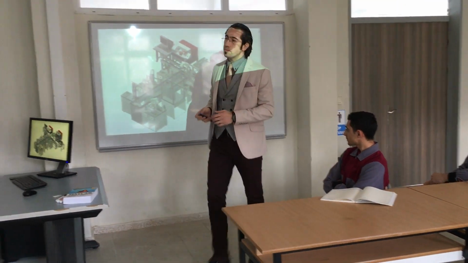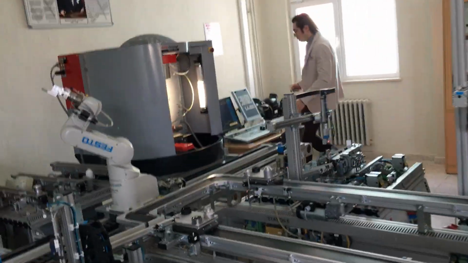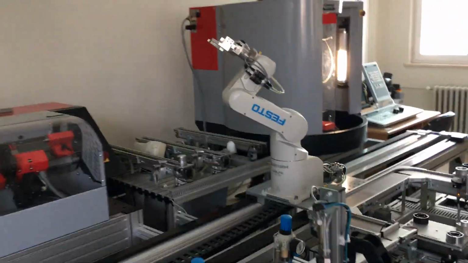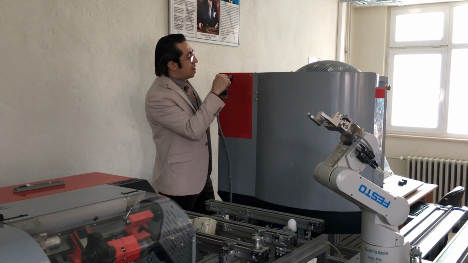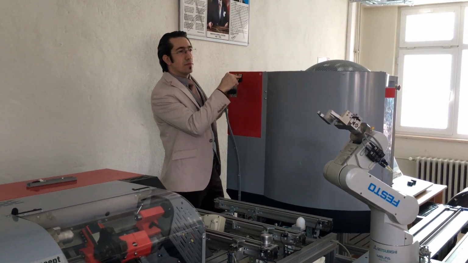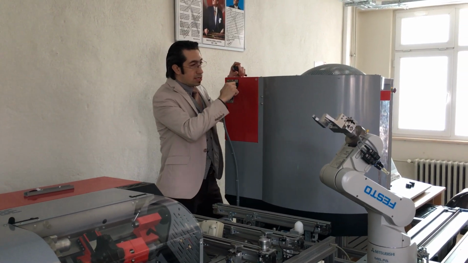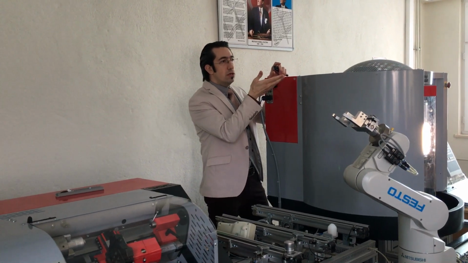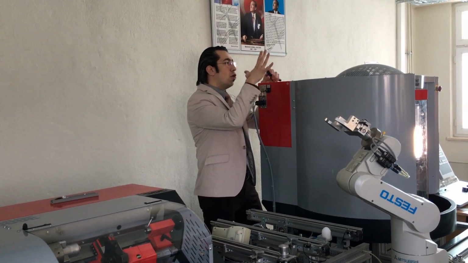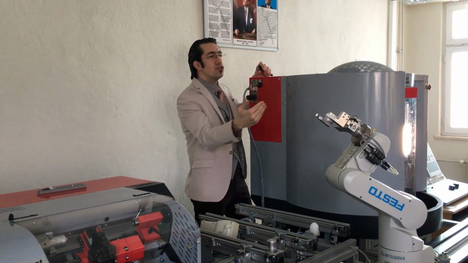There are some buttons here, or one key here. I'm going to show you. Yeah, here there's a key, FMS mode. This is flexible manufacturing. If you turn this key on, you can work with this CNC in flexible manufacturing mode.